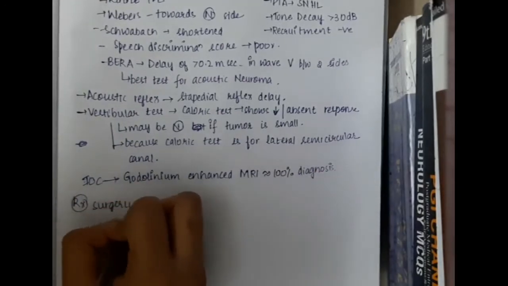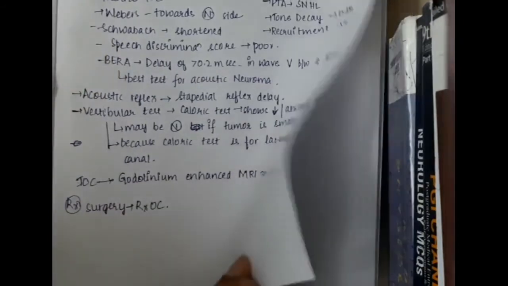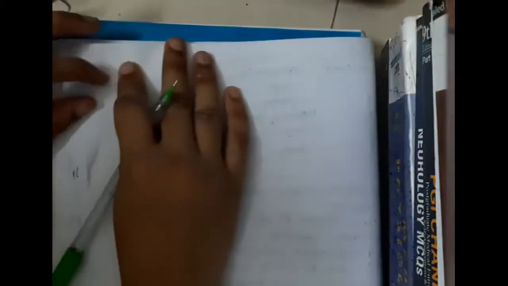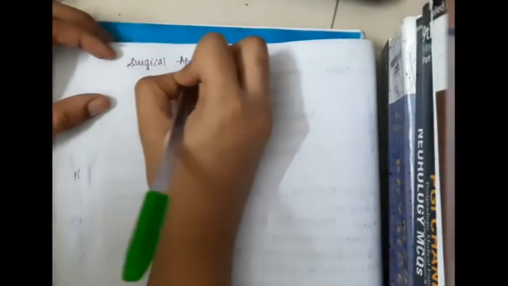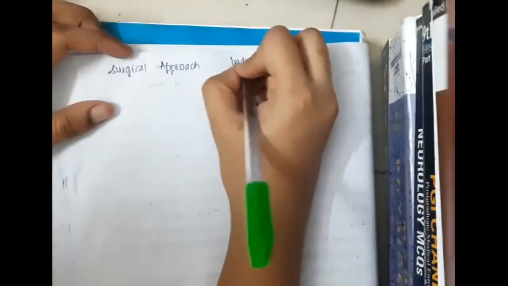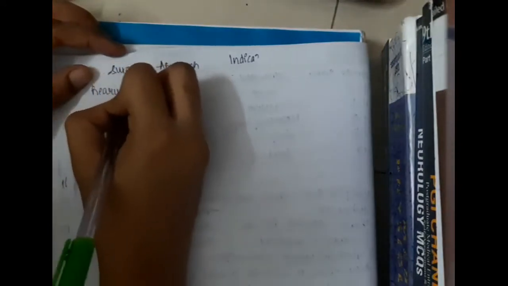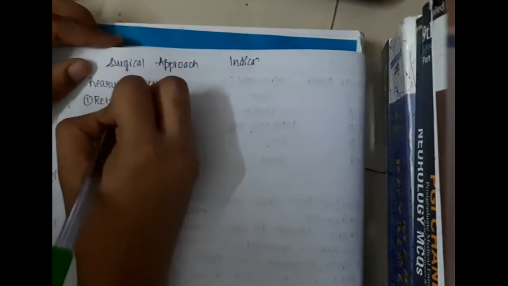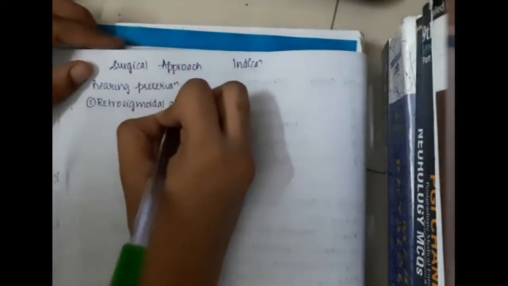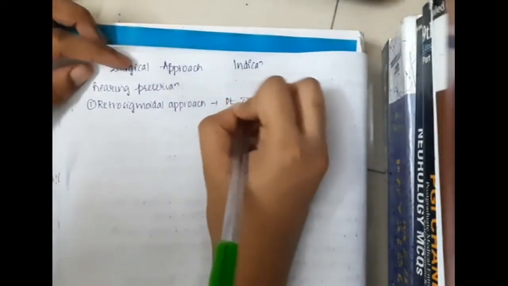Then if you see the treatment, surgery is the treatment of choice, and the surgical approach is important. First, for hearing preservation, we do the retrosigmoid approach.